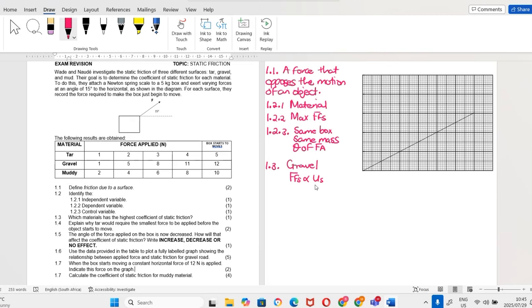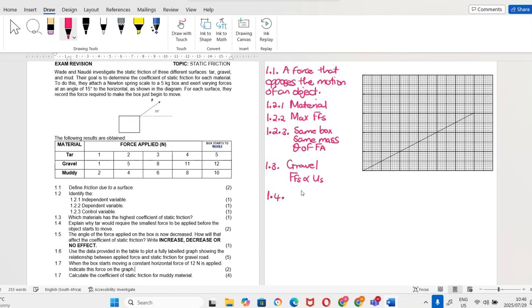And so that obviously has to do with the roughness or the smoothness of the material. Gravel is particularly rough, and so there is more interlocking between the two materials that are in contact. And so that is why 1.3 would be gravel.